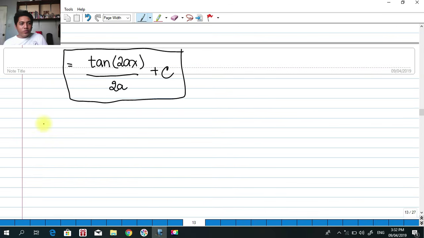So for number 22, we have to get the integral of sine x plus cosine x over cosine x dx.